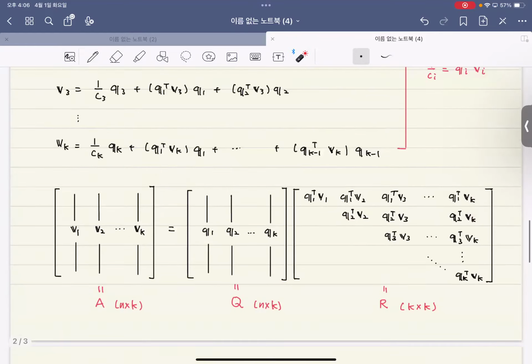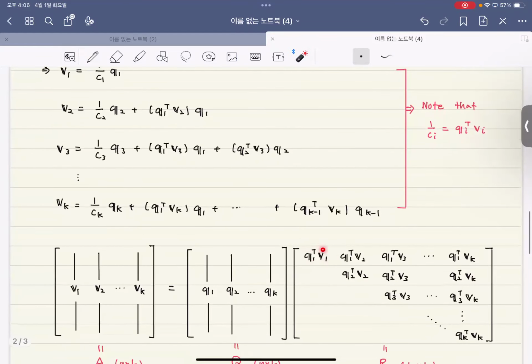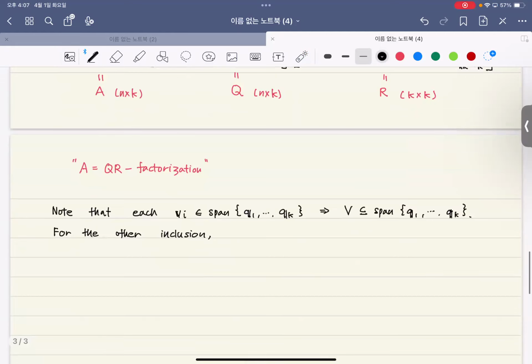Why? Because these diagonal numbers turn out to be 1 over ci, and this number can never equal 0. Therefore, this is an upper triangular matrix whose diagonal entries are all non-zero, which is a full-rank matrix. Therefore, this is always invertible. R has an inverse.